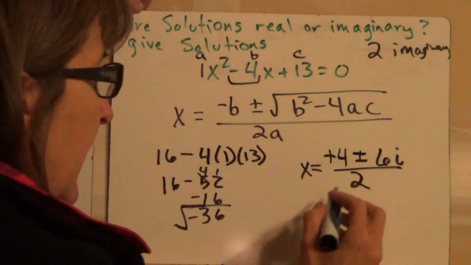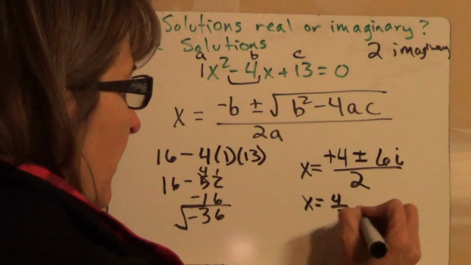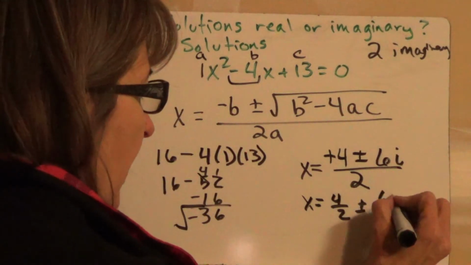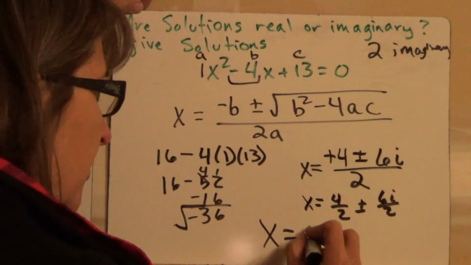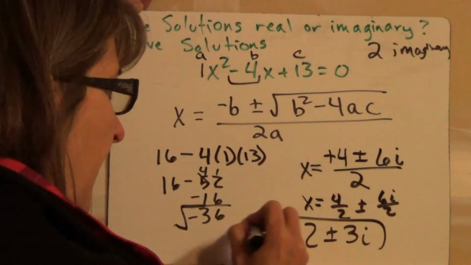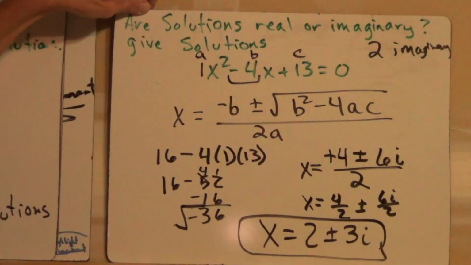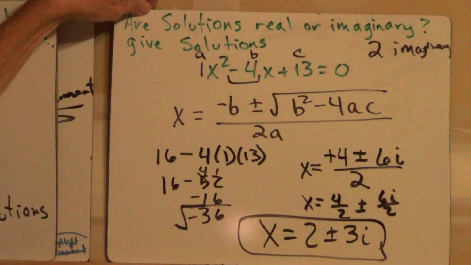Now I distribute that out. x equals 4 over 2 plus or minus 6i over 2. x equals 2 plus or minus 3i. That is a true solution. Don't be freaked out when it's a complex number. We're into that now. Okay?